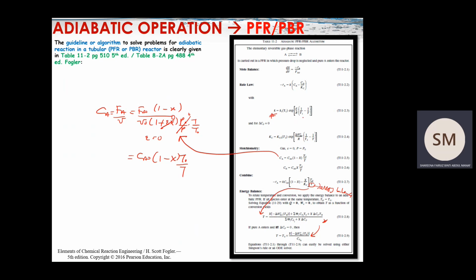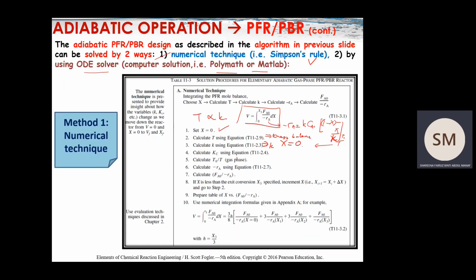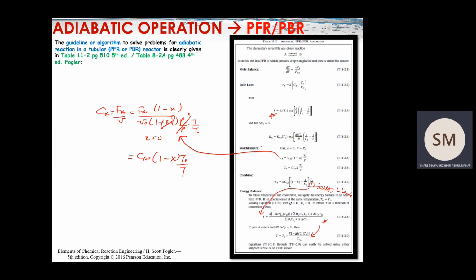After that you calculate T0 over T, using this one. Why do you use T0 over T?